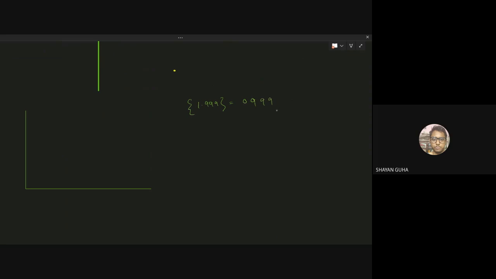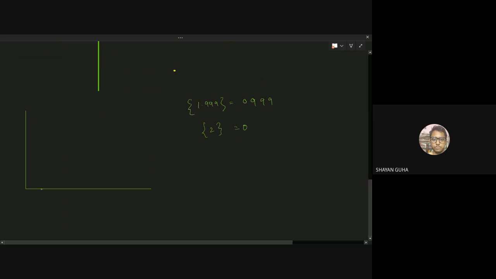When it becomes 2, it will give me instantly 0. So the value of my fractional part lies in the range from 0 to 1. Its minimum value is 0 and its maximum value is 1.